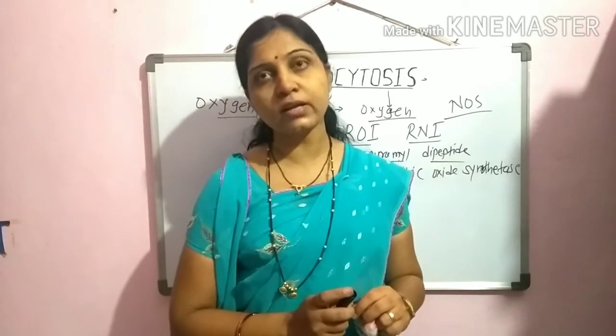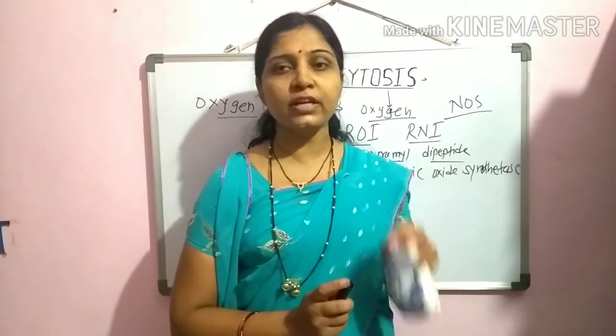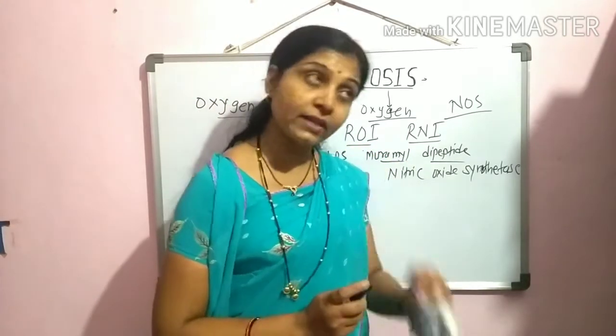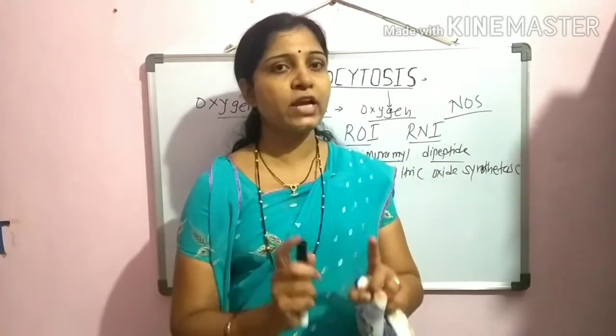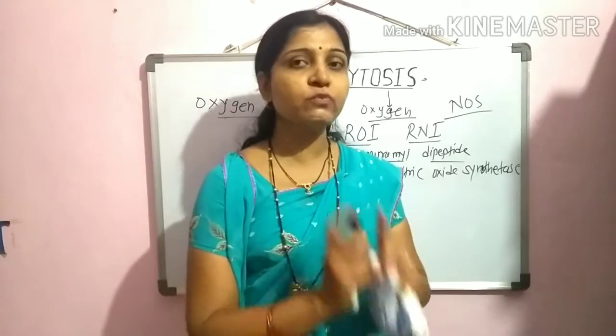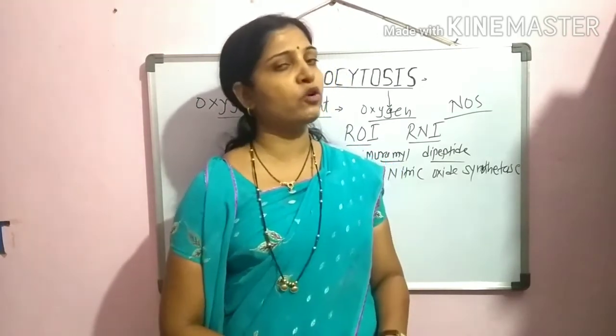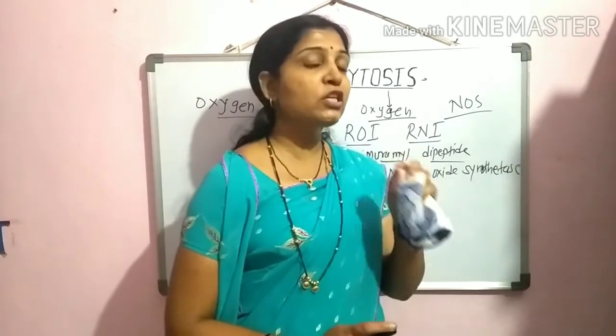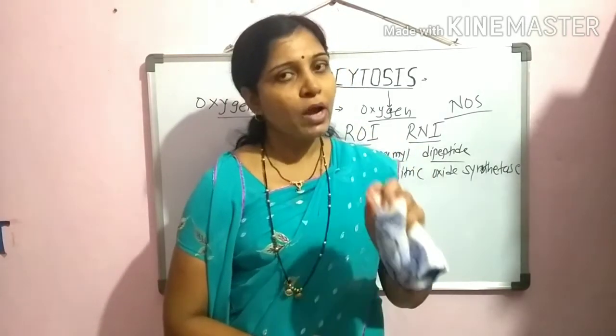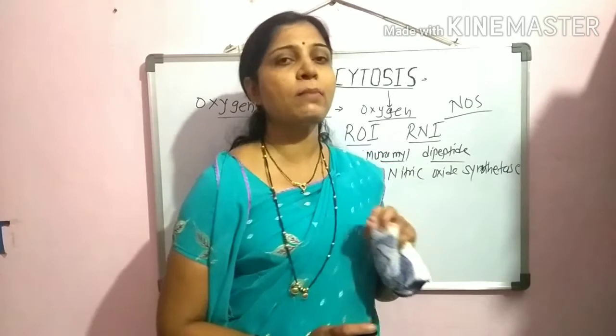Nitric oxide is a potent antimicrobial agent, and here it is formed due to the activation of a specific enzyme called the nitric oxide synthetase enzyme, which is formed due to the activation of macrophage cells by either the lipopolysaccharide or by the major cell wall component of the Mycobacterium species, that is the muramyl dipeptide.